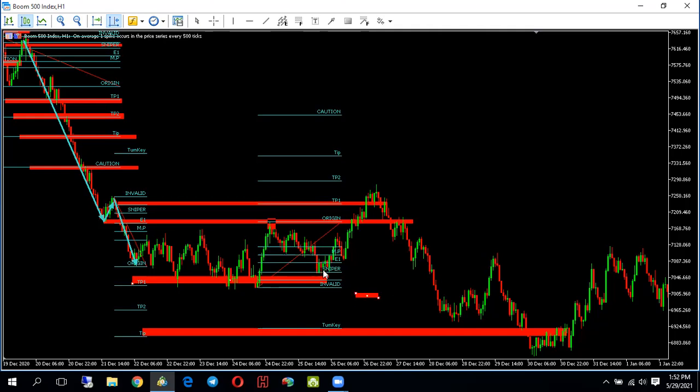As you can see, that's my sniper level. And what you will observe is, this is our take profit 1. And then this is my take profit 2. You see that immediately it touched take profit 2, it just dropped.